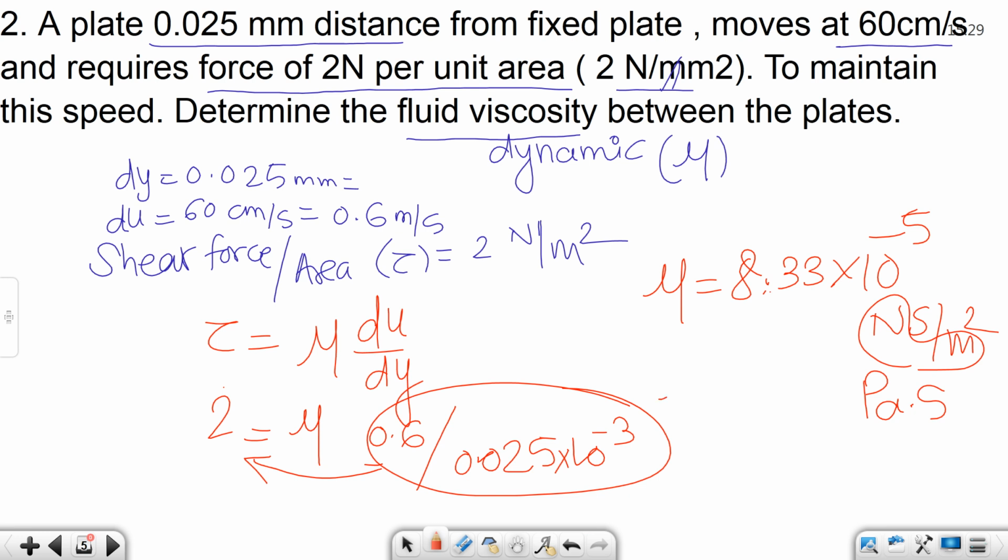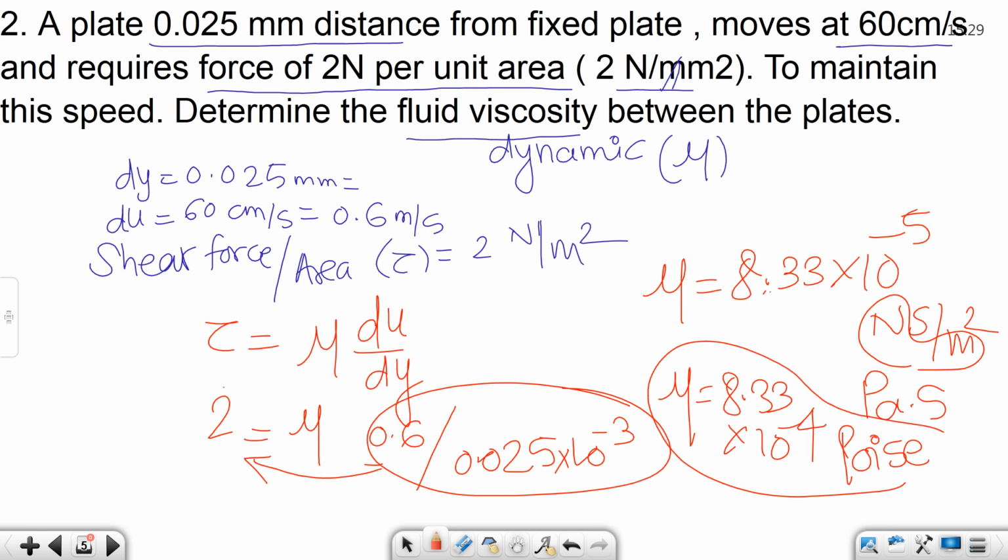If you want to convert this in poise, that will be simply just multiply by 10. So 8.33 into 10 raised to minus 4 multiply by 10. So it will be in poise. So this is your answer, very simple part.